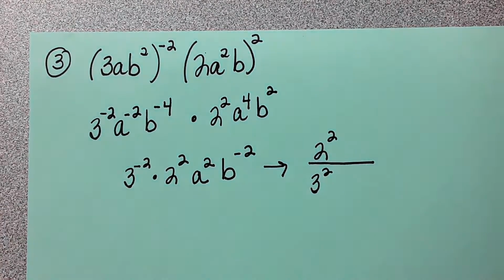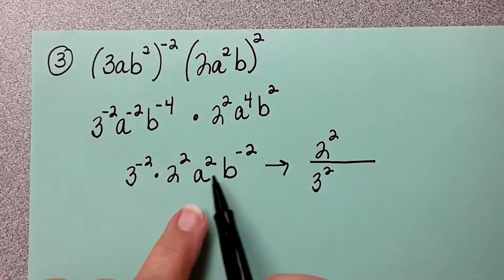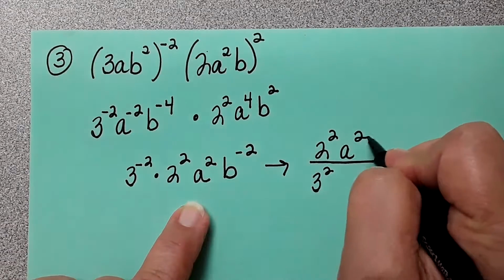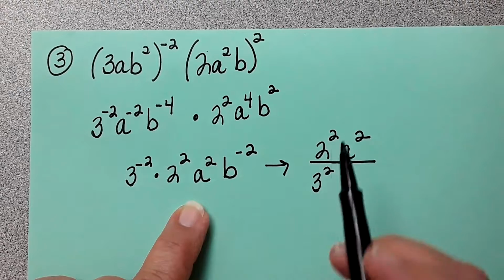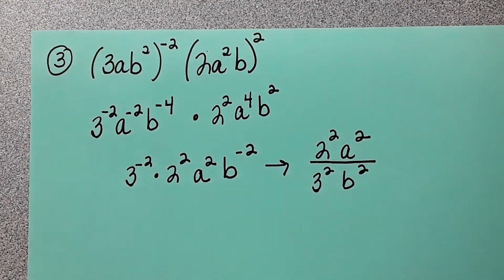How I know this is because anytime you have a negative exponent, your answer is going to end up being a fraction. So a to the second is positive, so that stays in the numerator. b to the negative 2 is a negative exponent, so it goes into the denominator. And notice, once it goes into the denominator, it becomes positive.